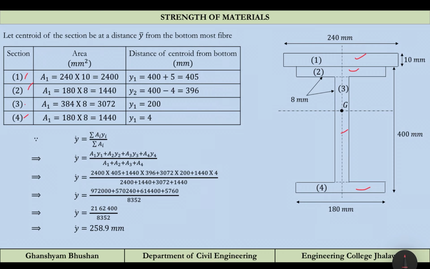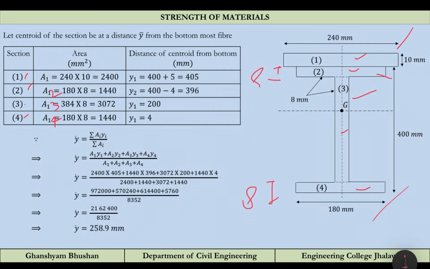The areas are A1, A2, A3 and A4, and these are rectangles. A1 is 240 into 10, A2 is 180 into 8, A3 is 384 into 8, that is 400 minus 16, and A4 is 180 into 8.